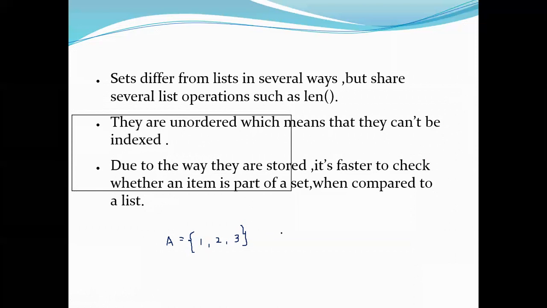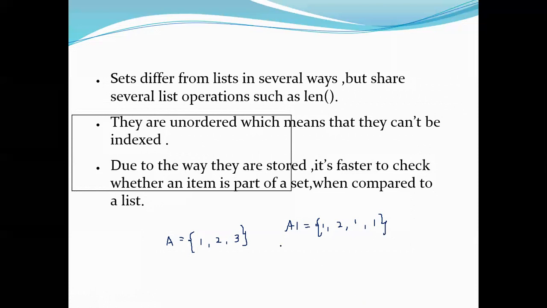Say, for example, I maintain a set A. Since we already have A, I go for A1 is equal to another set, with elements 1, 2, 1, 1. What will happen is Python will convert this sequence into a set which does not have any duplicate data items.